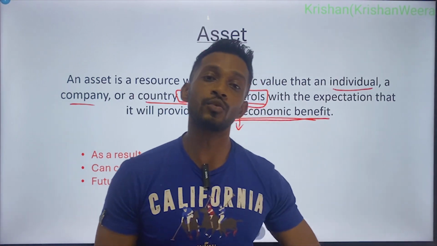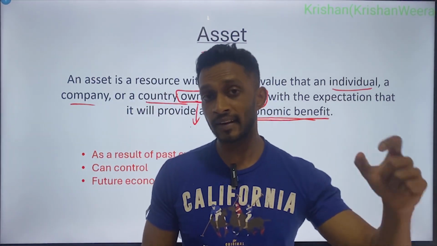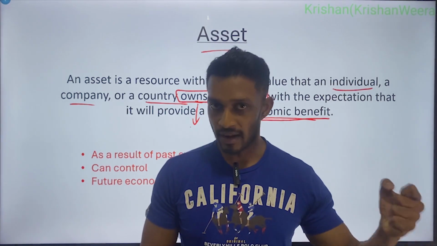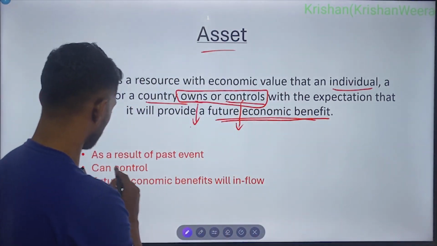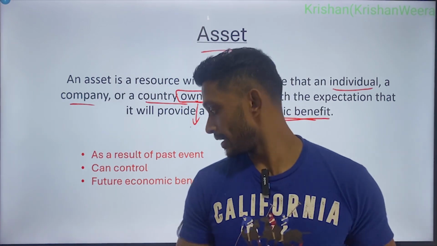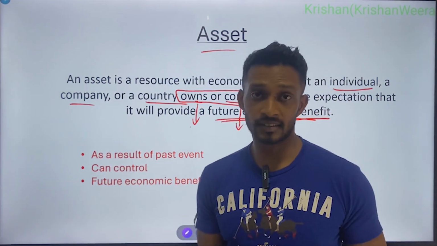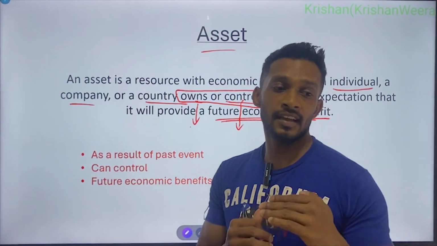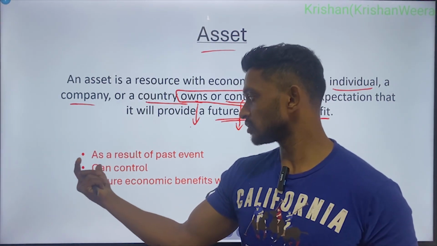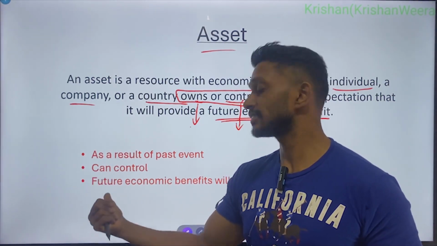If you want to identify an asset, there must be future economic benefits. Let's talk about that through three factors. If you can't classify an asset, once you have something, just apply these three factors.